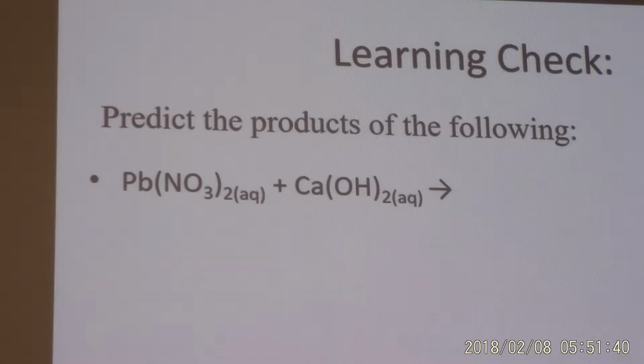Okay. So lead's going to come over here, and it's going to interact with the hydroxide ion. What's the charge on the hydroxide ion? It's -1. So I'm going to need 2 hydroxide ions for 1 Pb, since Pb has a +2 charge. So it's Pb(OH)2. That's right.